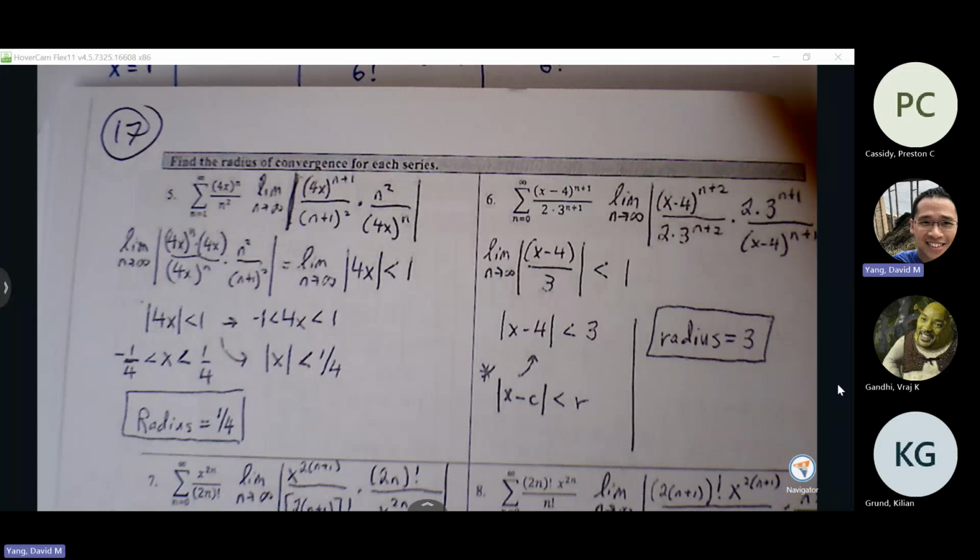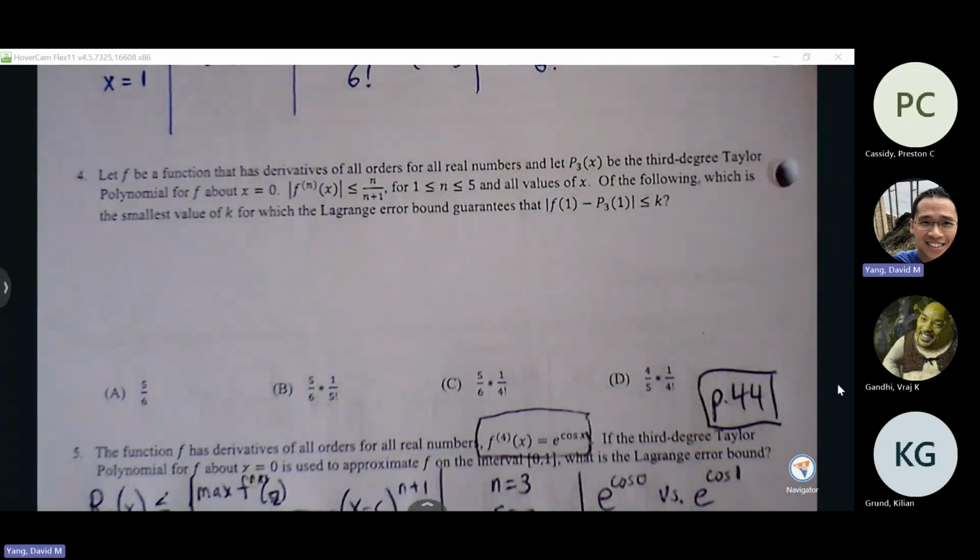Okay, we have to test the values. Let me just pick one of these. We can do that.